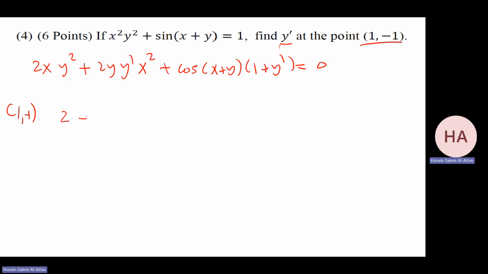This is minus 2y prime. Cosine 0, which is 1, plus 1 plus y prime equals 0. So I have minus y prime equals minus 3. So y prime equals 3.